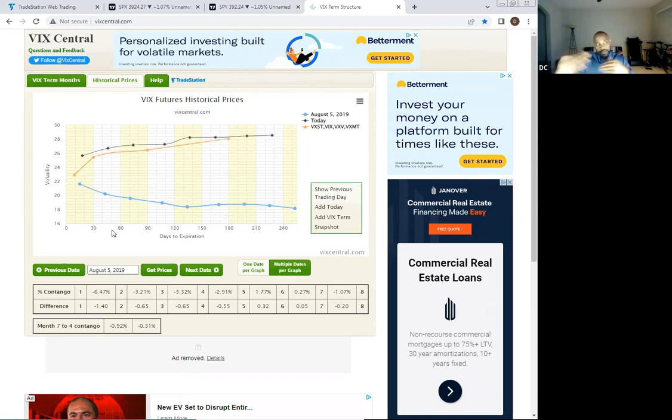So that way you're theta neutral. So anyway, that's usually the trade, but right now people can't do that because volatility is expected to be higher in the future. So there's more uncertainty expected in the future.